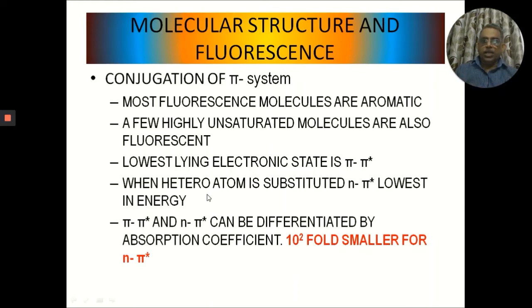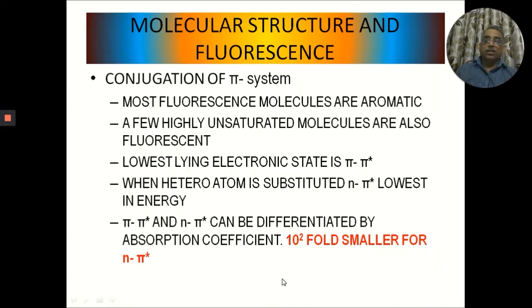Now you can also differentiate these two transitions. This is very important in organic spectroscopy. Looking at the pi to pi star and n to pi star, you can differentiate them by measuring the molar extinction coefficients. As we already said, the molar extinction coefficient of the pi to pi star transition is about 100-fold higher than the n to pi star transition.